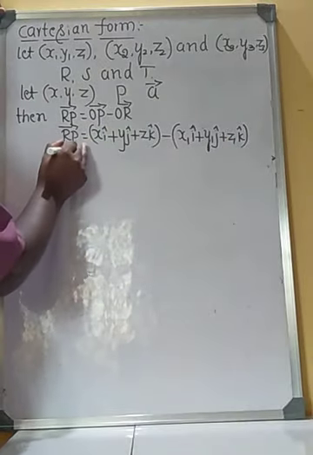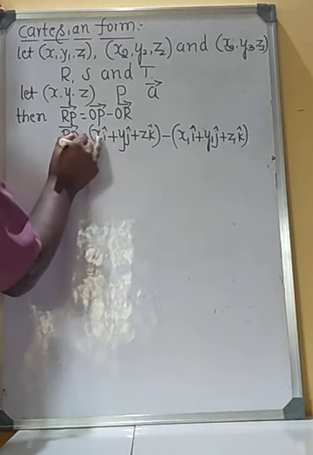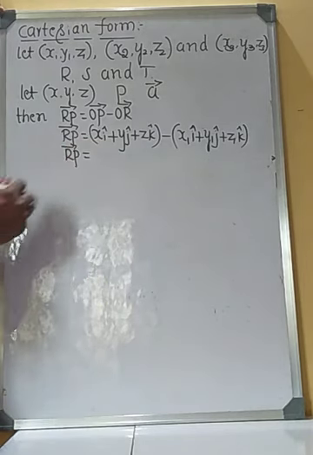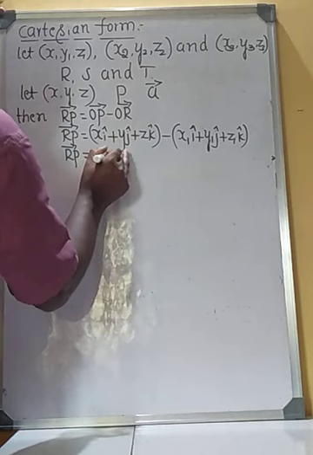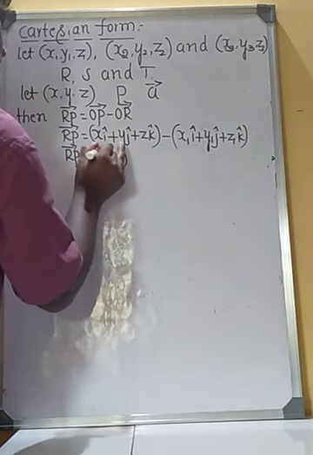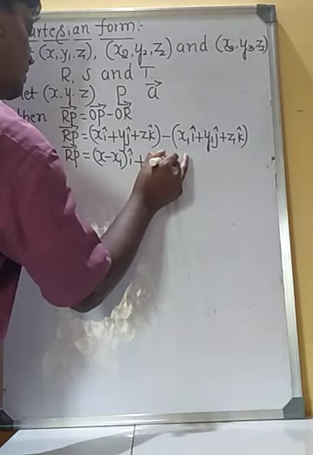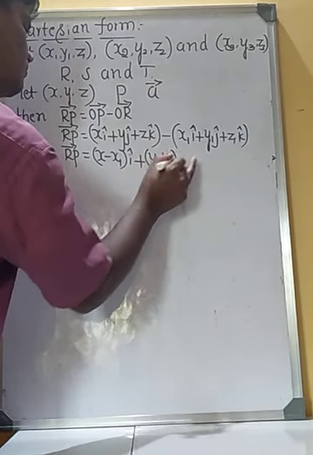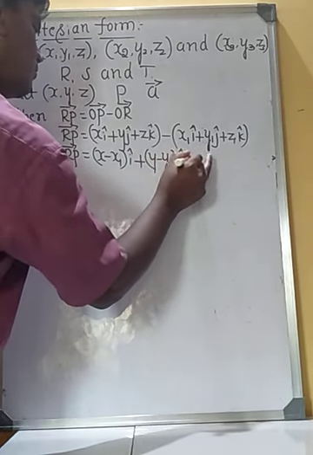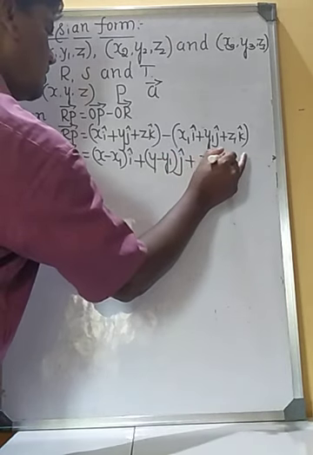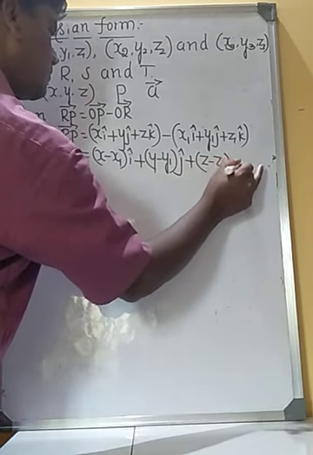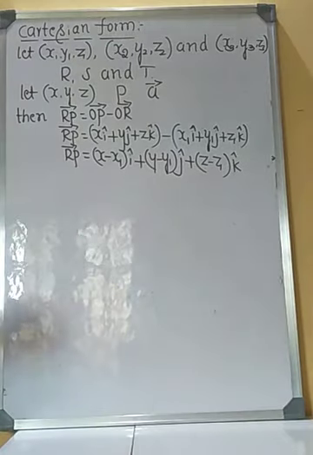So therefore RP vector is equal to (x minus x1) i plus (y minus y1) j plus (z minus z1) k. This is the RP vector.